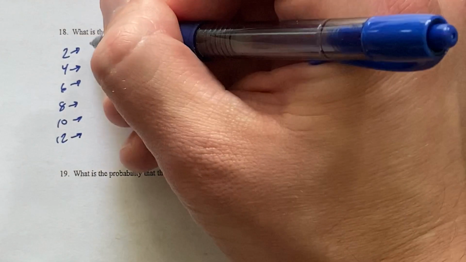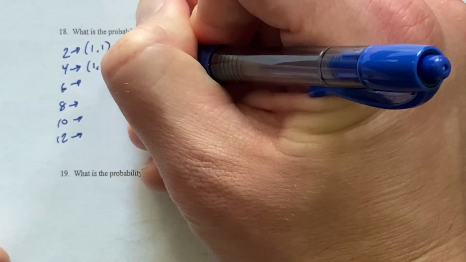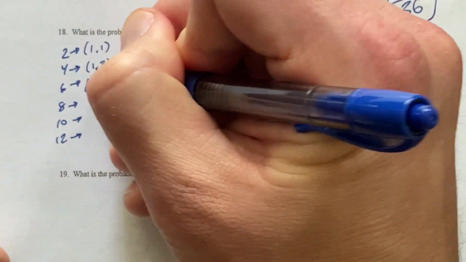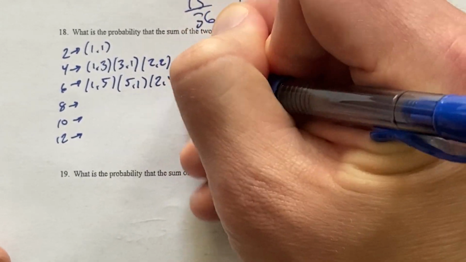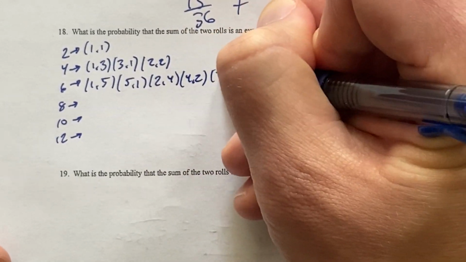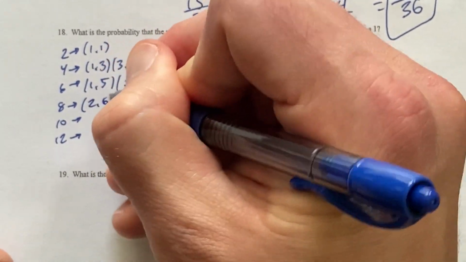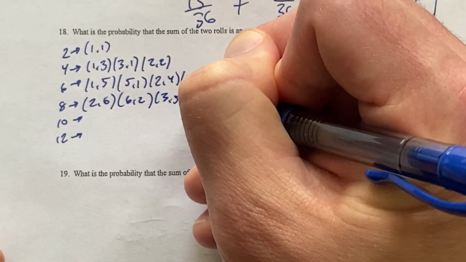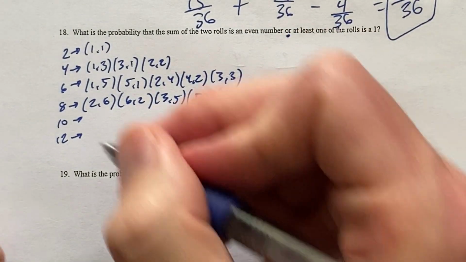Okay, so I could roll a 1, 1, I could roll a 1, 3, 3, 1, or a 2, 2. I could roll a 1, 5, 5, 1, 2, 4, 4, 2, or a 3, 3. All right, 2, 6, 6, 2, 3, 5, 5, 3, or 4, 4.